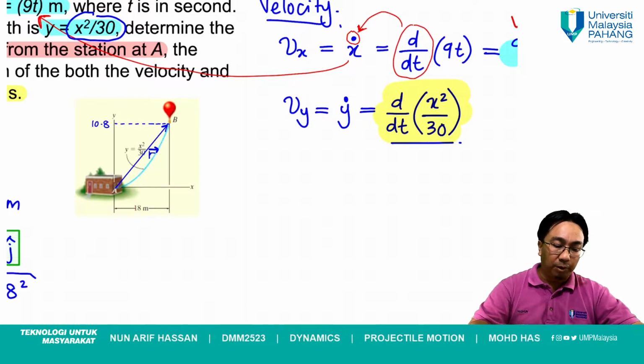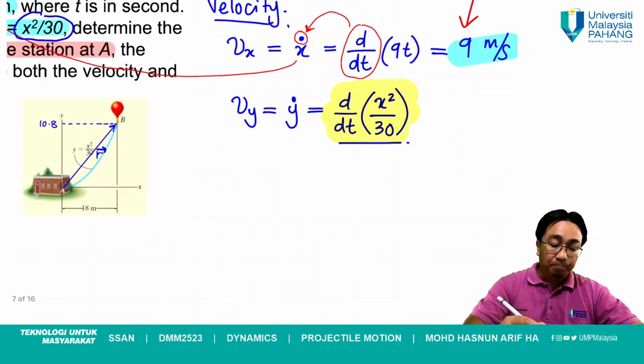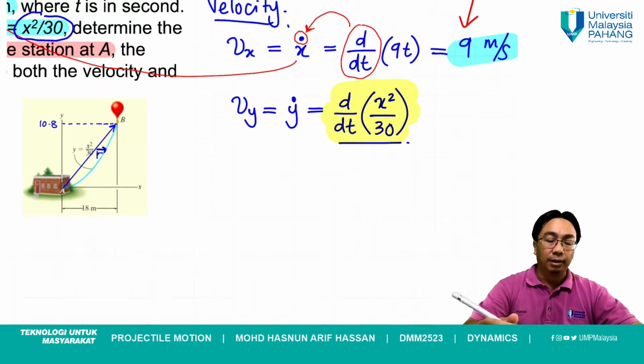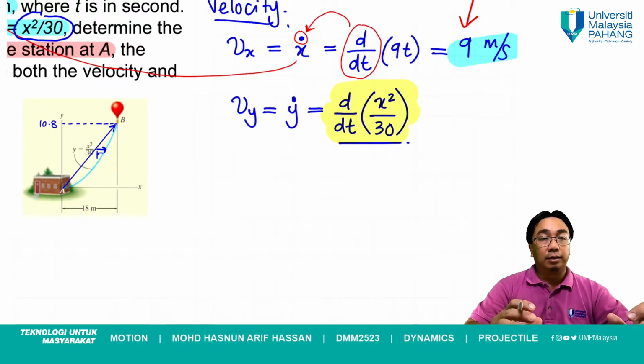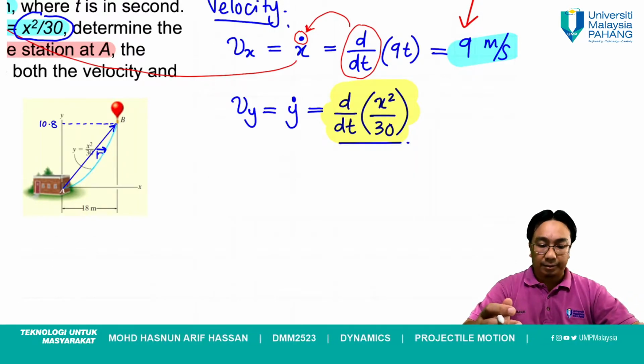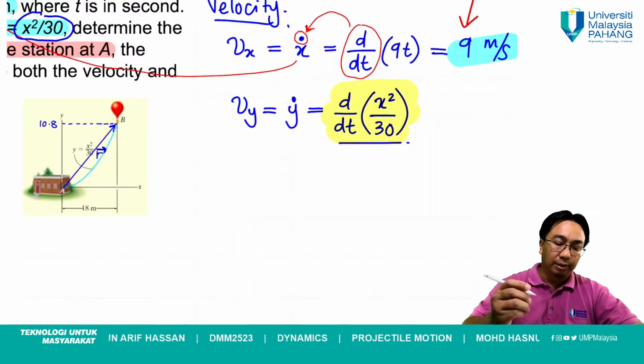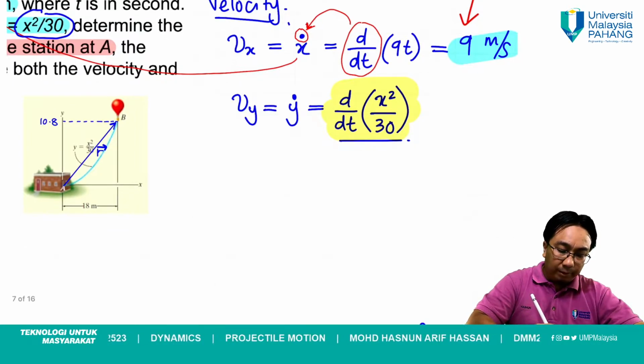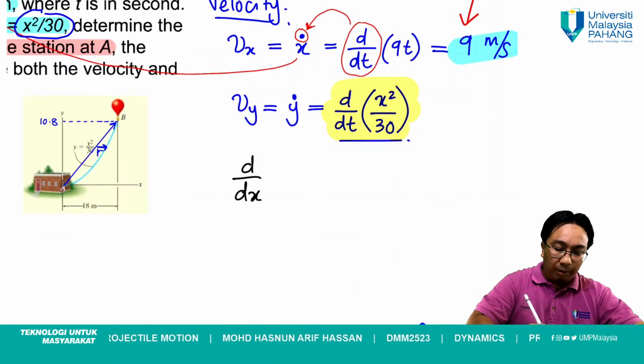So the problem arises because we would like to differentiate over time, d over dt, but in the variable tu ada x. So macam mana kita nak differentiate? The idea is to do d over dx multiply with dx over dt.